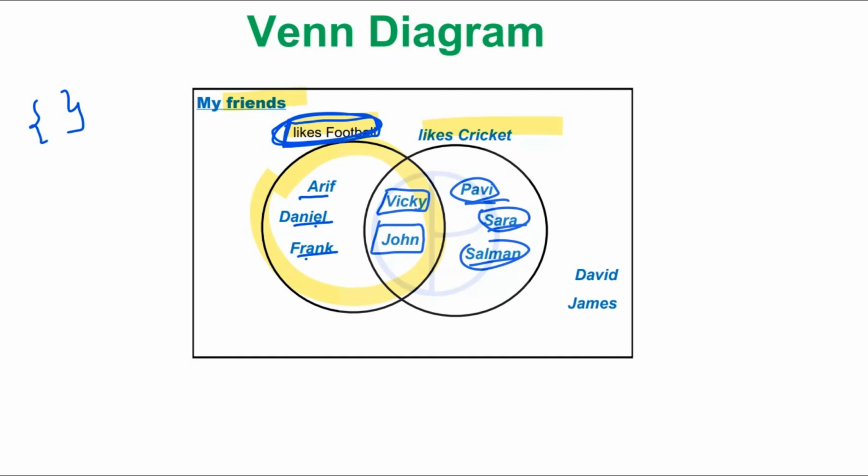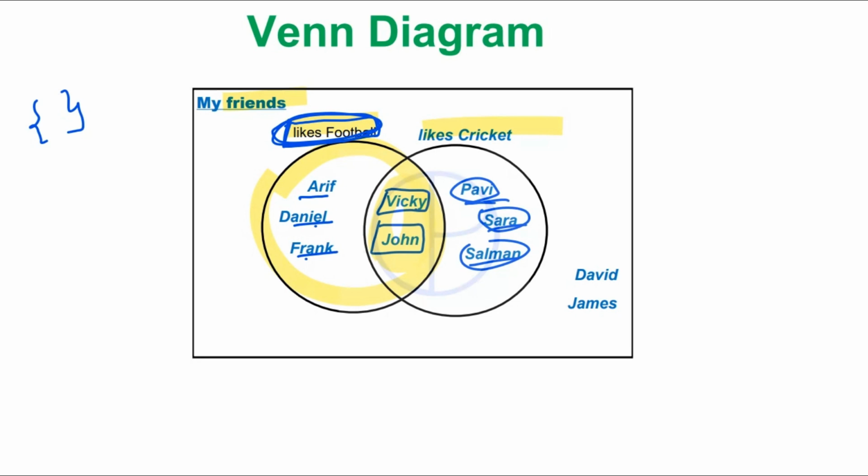So we have one set here, we have another set here, and then we have the sets overlapping here. So a Venn diagram is a graphical way, generally using circles, to show relationships between sets.